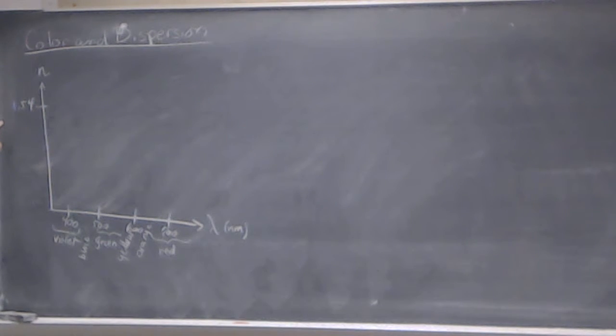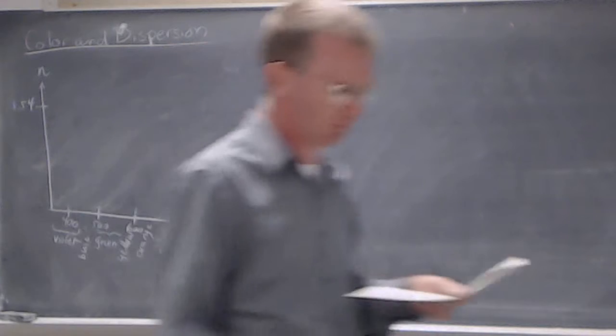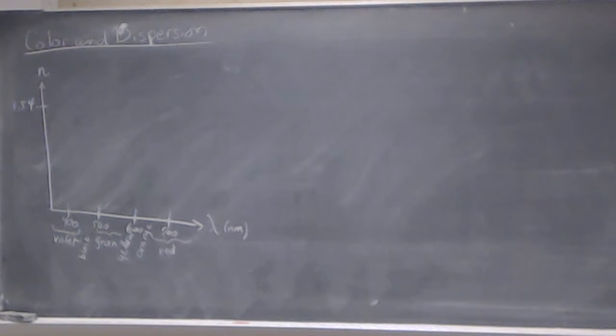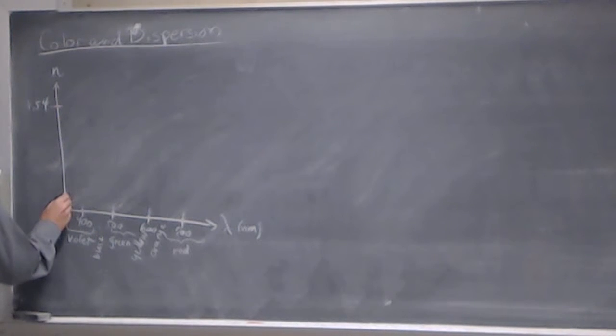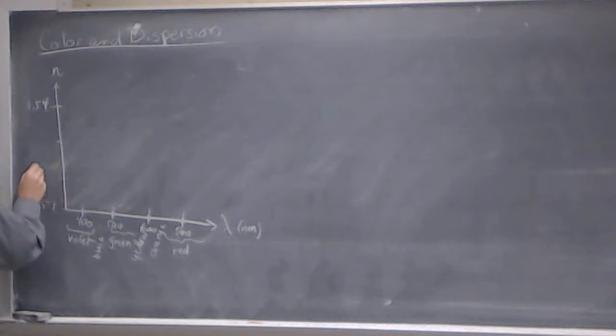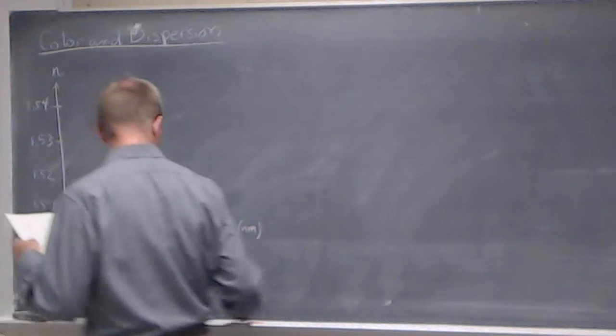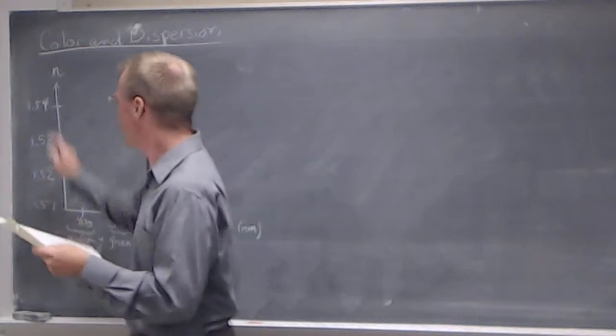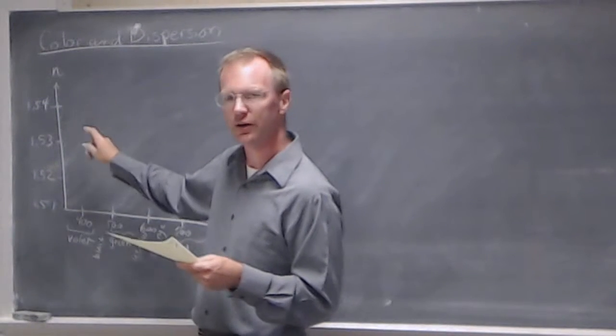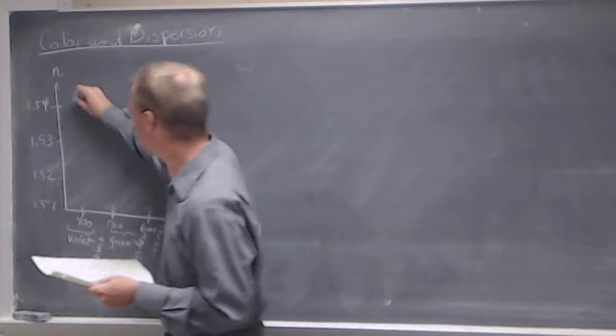Make sure that's in the field of view of the camera here. Okay. Down to about 1.51. So when you take these off in the middle, the index of refraction in these cases is higher at the violet end and lower at the red end.